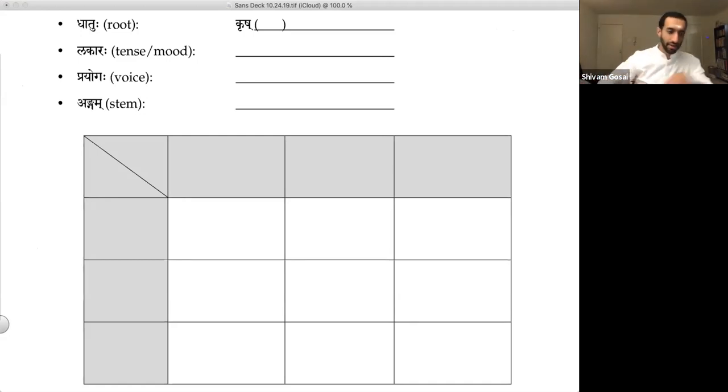Krish. Okay, this is not Krish from the Hindi movie. It's not the superstar. This is krish, meaning to draw or to plow. Okay, so let's write that up here. So I have krish.